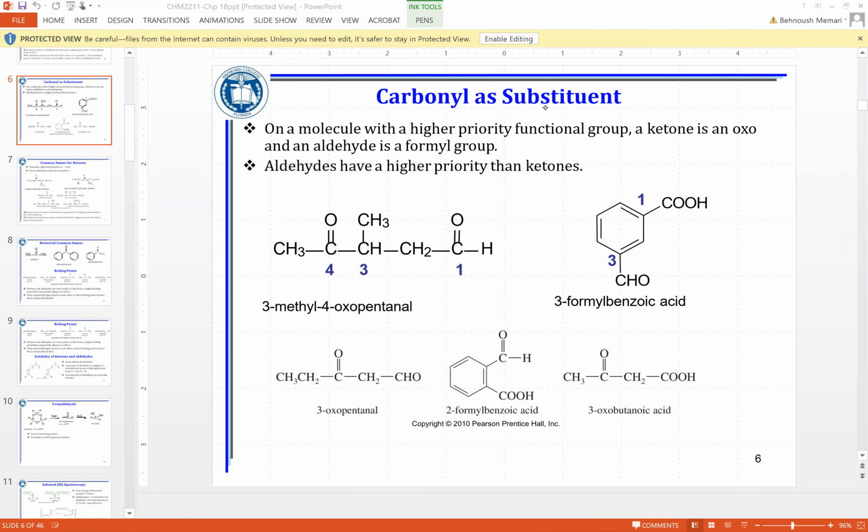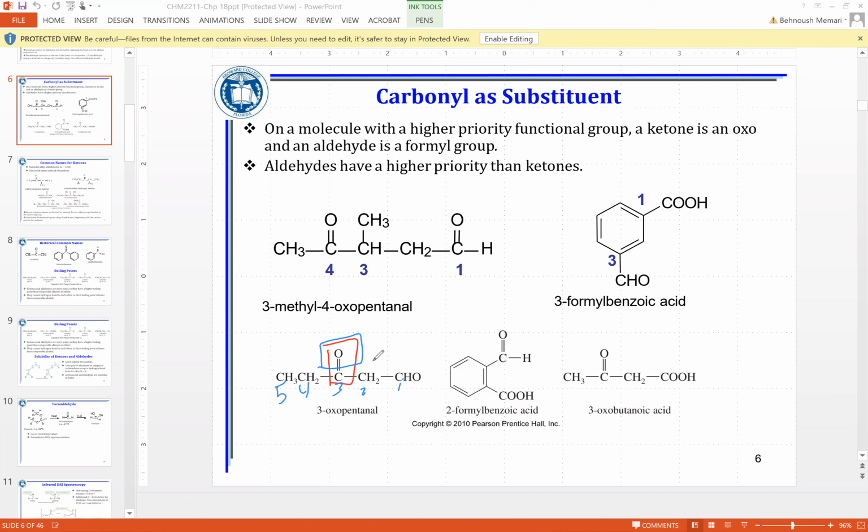You would say oxo as a branch name for the carbonyl group. So just be careful when you say oxo, it doesn't include the carbon, it only includes the oxygen, the double bond oxygen. So when you have one carbon, 1, 2, 3, 4, and 5.